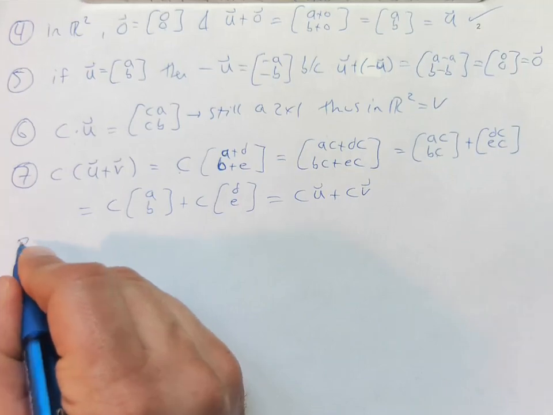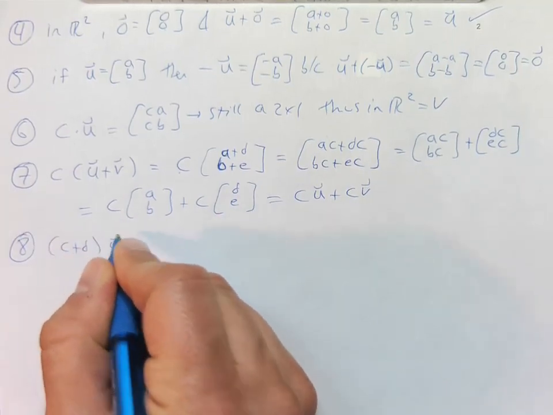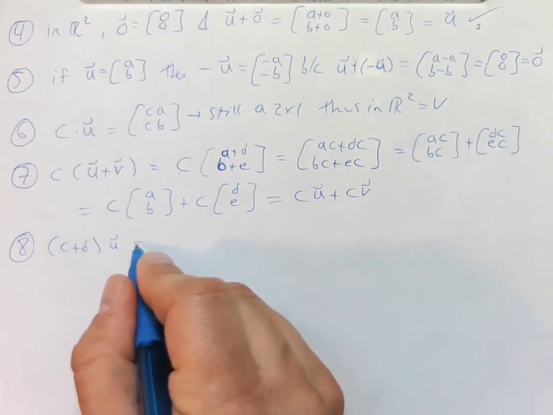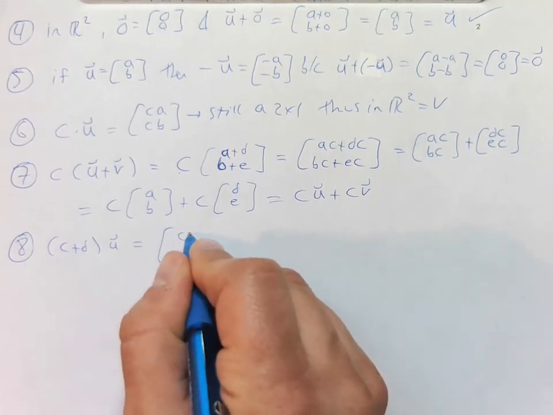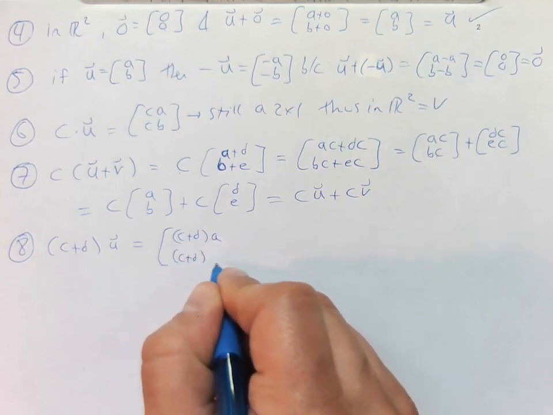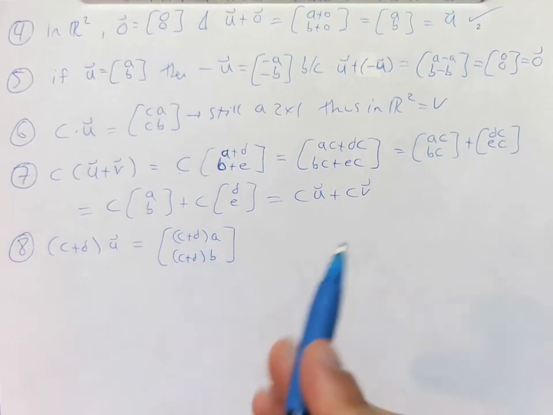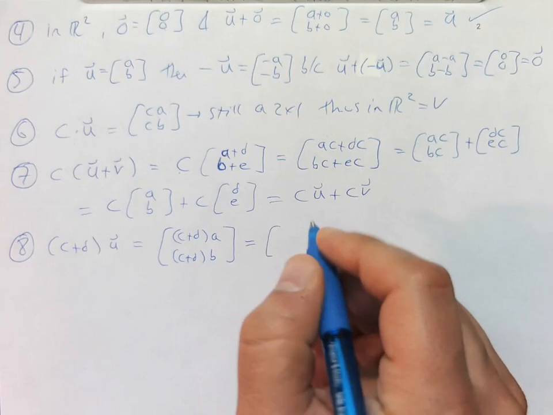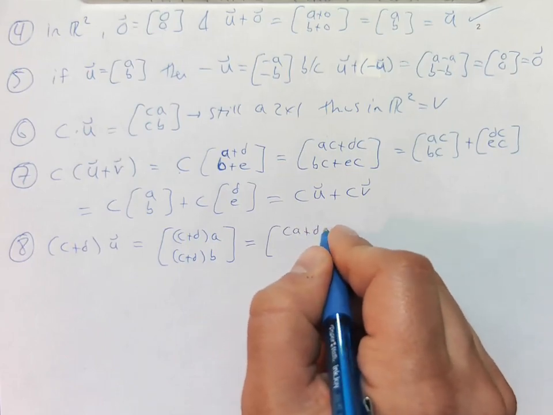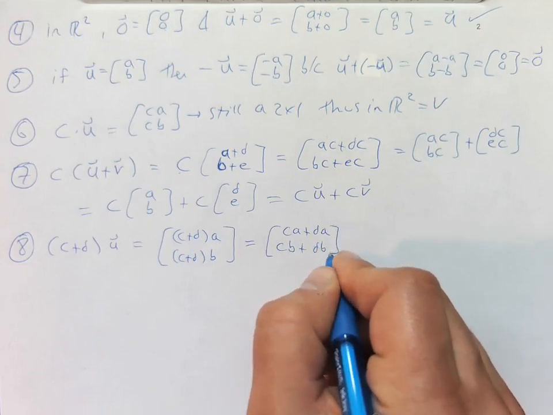And number 8 is very similar the way that works. You're just starting with two scalars being added instead. And so this is going to end up being C plus D times A, C plus D times B inside the vector U. And then we know, again, once we have real numbers, we know we can distribute real numbers. So we do CA plus DA, CB plus DB.